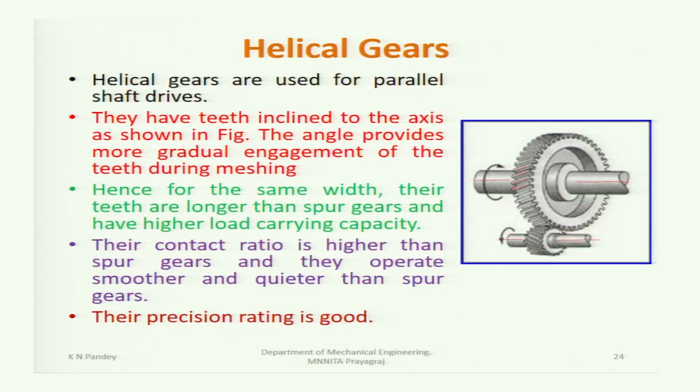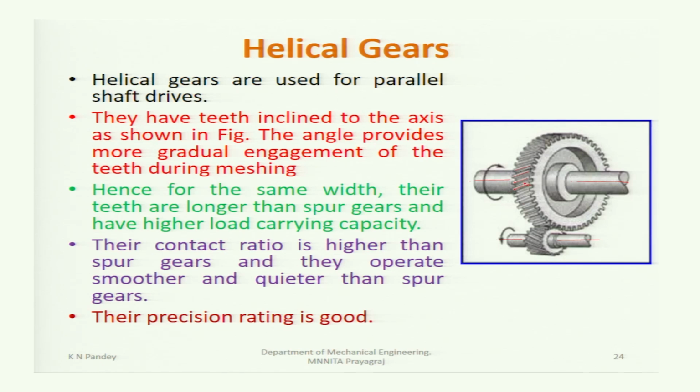First of all, the contact will start at one edge, it will spread, and at the end there will be a point contact. Initially there will be a point contact which will convert into line contact, and then again at the time of disengagement there will be a point contact.